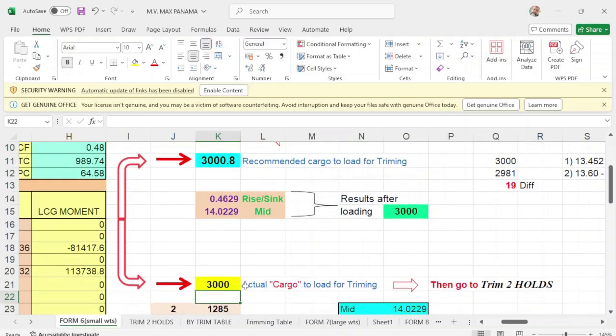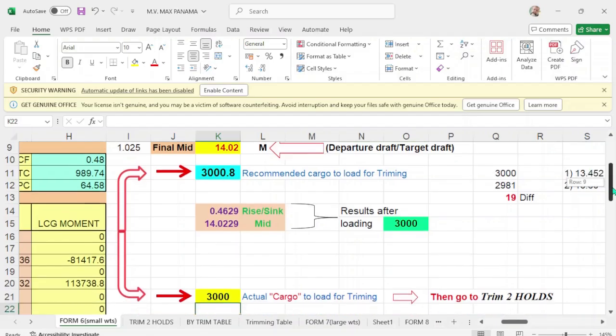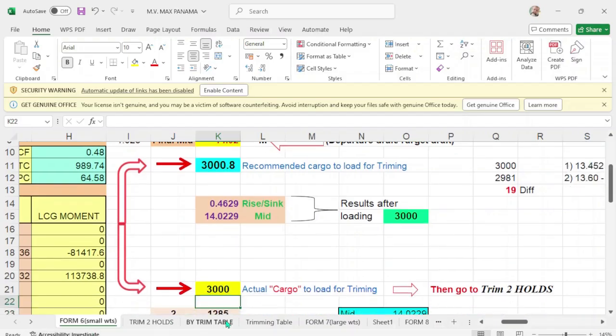After you loaded 3000, your mid drop is 1402.29. So this is an increase of 0.29. And your sinkage is 46.29, an increase of 0.29. We'll just proceed with this one of 3000. Then you go to trim holes 2.